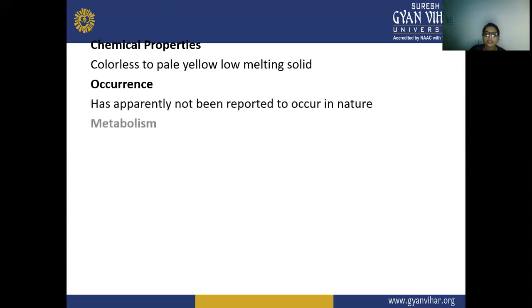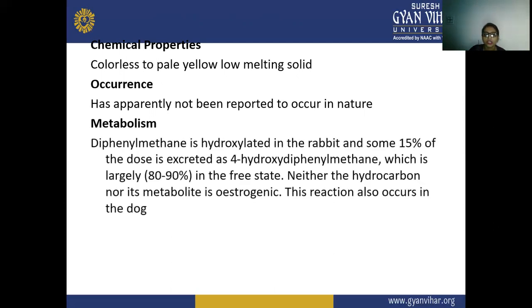This occurs as a colorless to pale yellow, low melting solid, and it has apparently not been reported to occur in nature. On metabolism, it undergoes hydroxylation in the rabbit, and some is excreted as 4-hydroxydiphenylmethane, which is largely, 80-90%, in the free state.